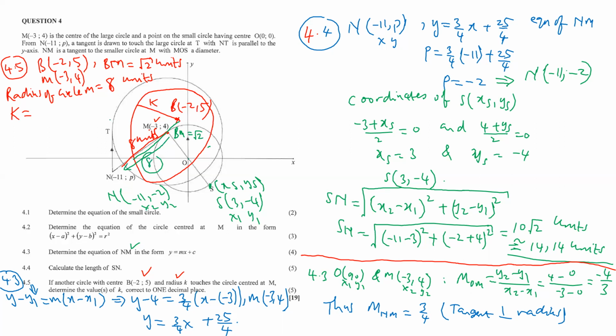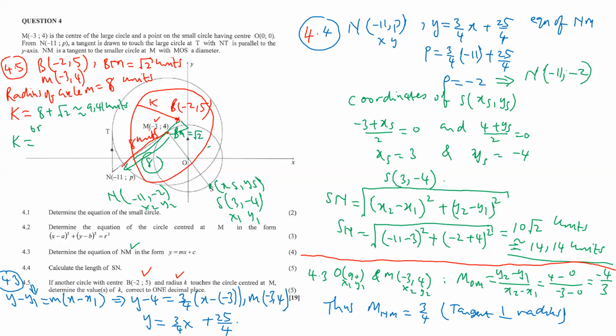But also we note that the rest of these here is 8 units. So which means that it follows therefore that K has a couple of values. So you can say K is 8 plus the square root of 2 units, because you have the square root of 2 here and the 8 units there. And this one is approximately 9.41 units. Okay, there is another possible value.